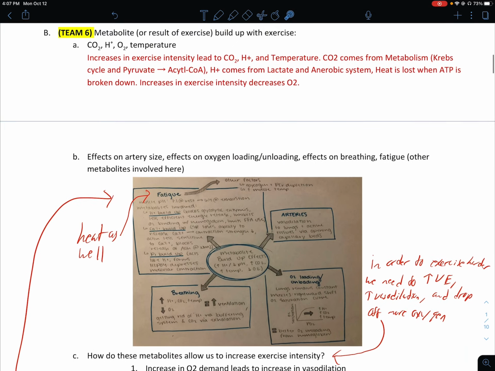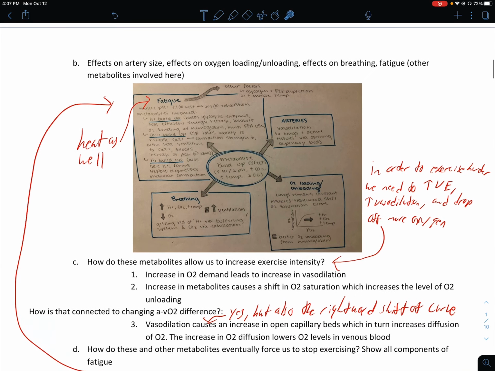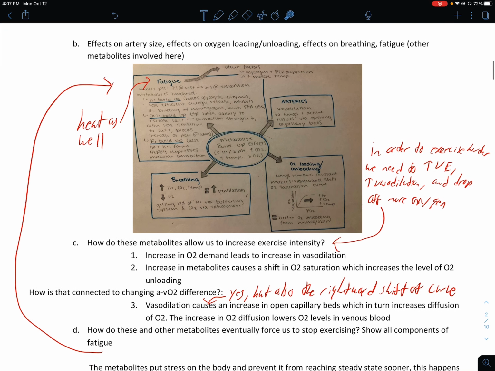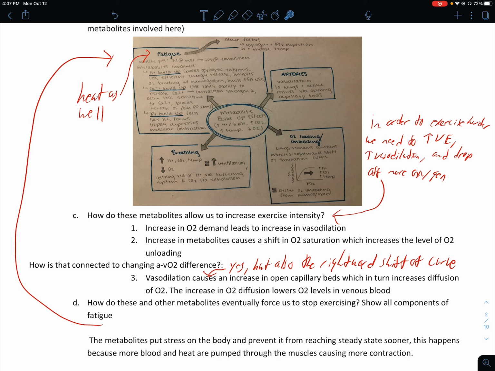All right, that's A. Now for B, this one was the one on metabolites, okay? Couple things that I wanted to add here. Number 1, for fatigue, heat is a part of this, muscle temperature, make sure you connect that. Okay, this one here on how do these metabolites allow us to increase exercise intensity?